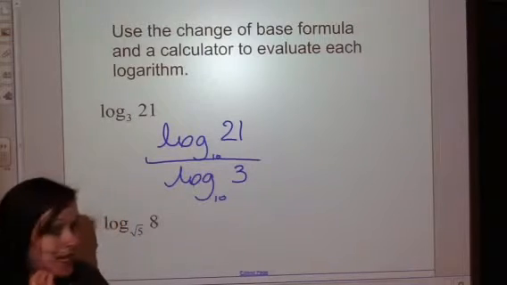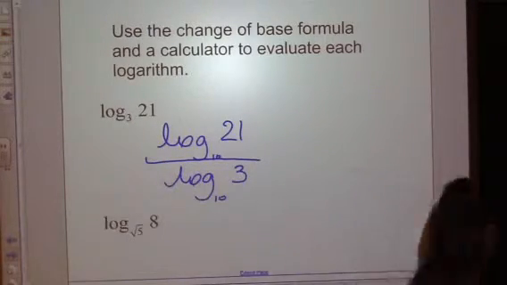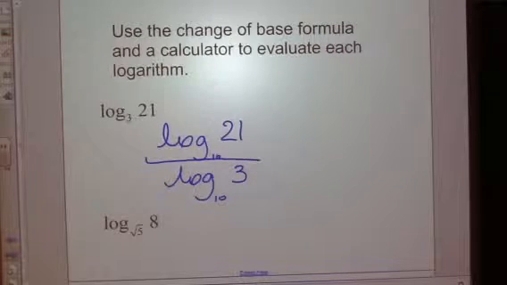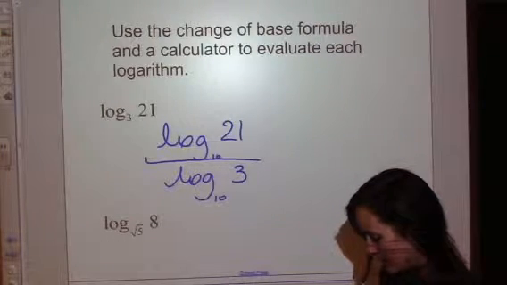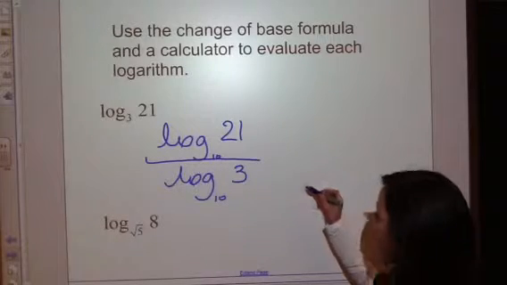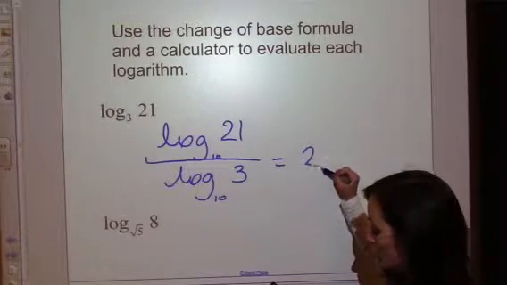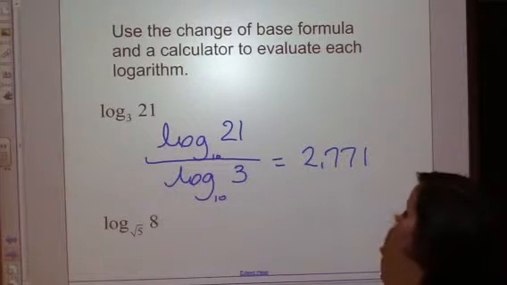If it's not a base of 10, then you can't. So that's where the change of base formula comes into play. So if we type in log 21, make sure you close your parentheses if you're using a scientific calculator or a graphing calculator. So we got log 21 divided by log 3 equals 2.771, we're going to go 3 places.